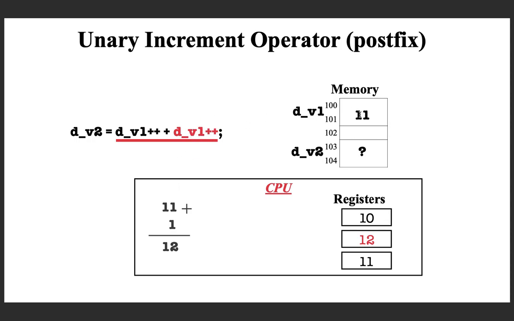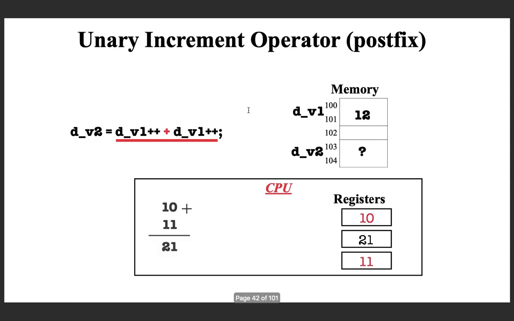So, dv1, which is now 11, is incremented. You are getting the temporary result 12, which is now in a register in the microprocessor, and naturally it will get assigned here. So, that is how the execution happens when you execute an arithmetic expression.